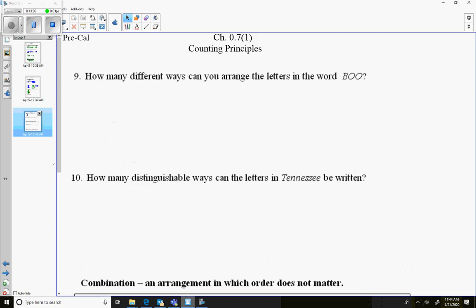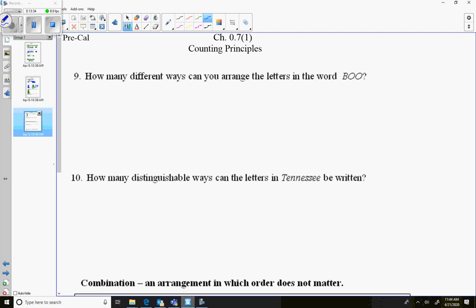To demonstrate this, number 9. I'm going to go the long way with this, and I picked a very short word, boo, B-O-O, on purpose to limit our options. How many different ways can you arrange the letters in the word boo? All right. What I'm going to do, we have 2 O's.